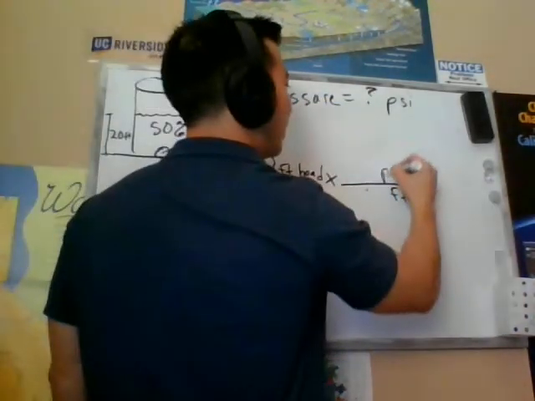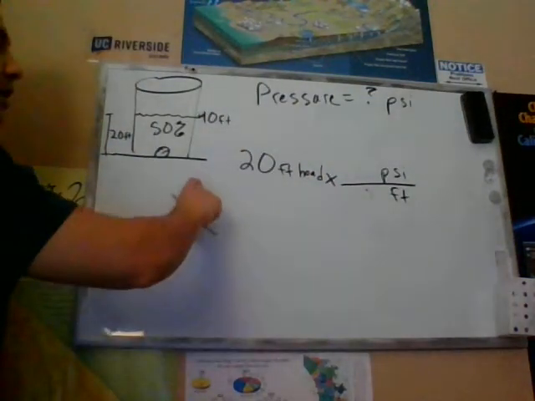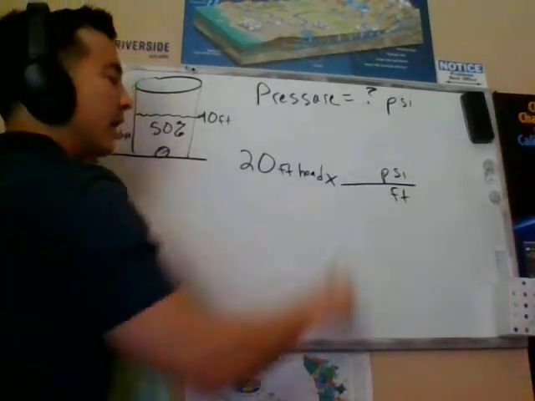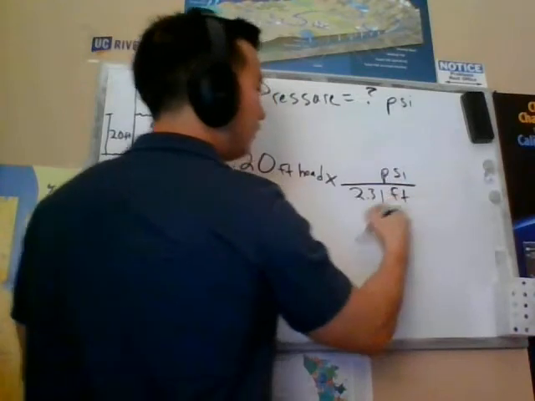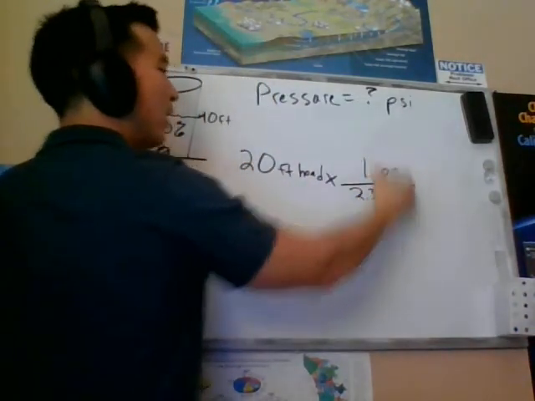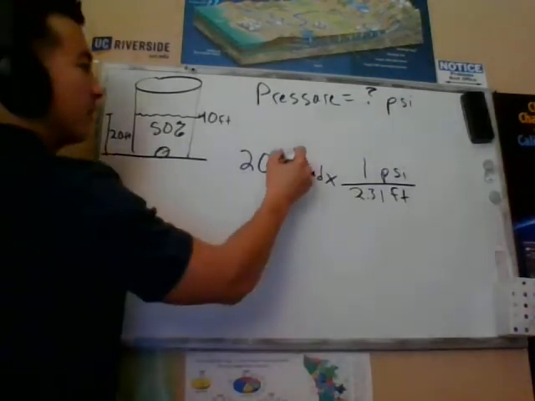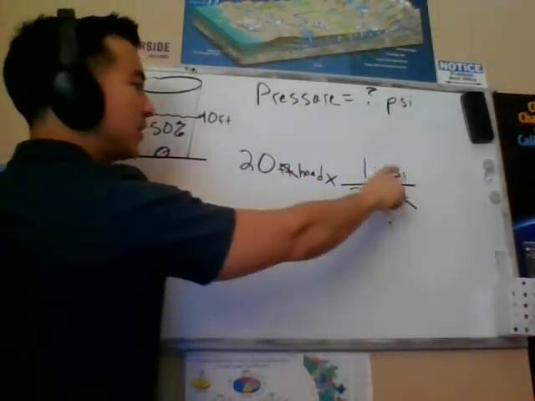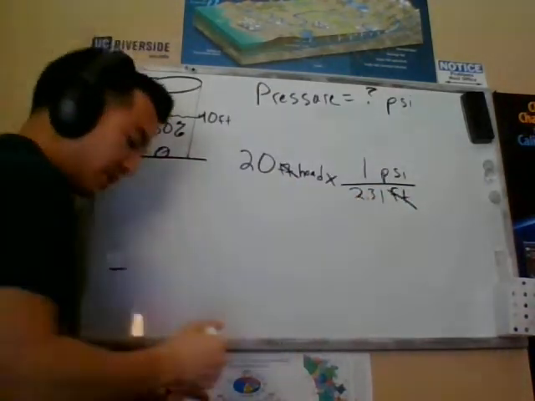So I need to bring in pressure in terms of PSI. Given our last example, or on your conversion sheet, I know that for every 2.31 feet of head, I get 1 PSI, 1 pound per square inch. So that in turn cancels out my feet. I multiply across, and this time, seeing that this is in the denominator, I'm going to divide.